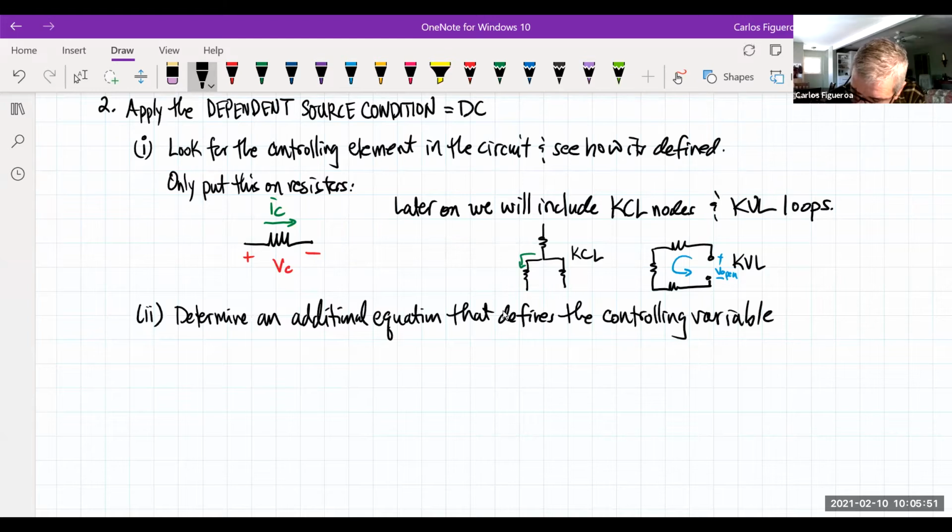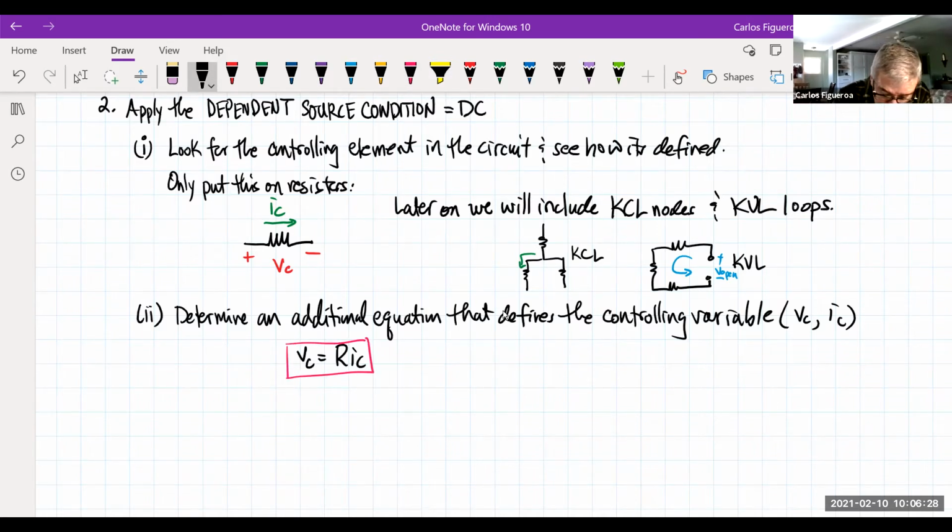So what's that variable? It's either going to be the controlling voltage or the controlling current, one of those two. So because of this, this additional equation right now has to be this guy here. So this is going to be our only thing that we're looking at. Like I said, later on, you'll have to apply KCL or KVL to actually do that. Sometimes it's useful to apply CDR or VDR to get that controlling voltage. But for right now, this is going to be that additional equation.